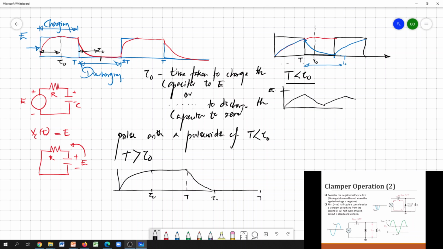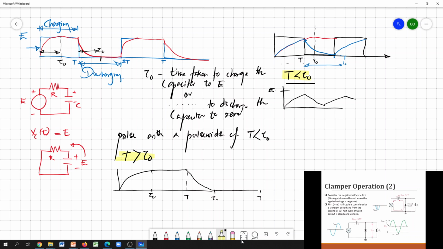This is the case where we have enough switching time compared to the time that it needs to charge to maximum or discharge to minimum or zero. So if the T is less than tau naught, this capacitor never charges up to its maximum and never discharges up to its minimum. So it never charges to E and never discharges to zero. So it has a certain energy inside the capacitor.